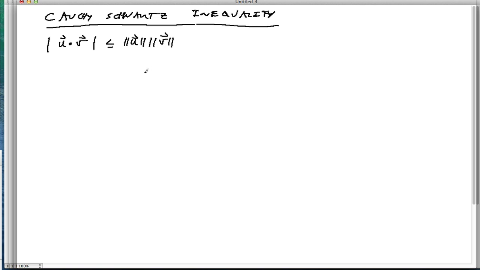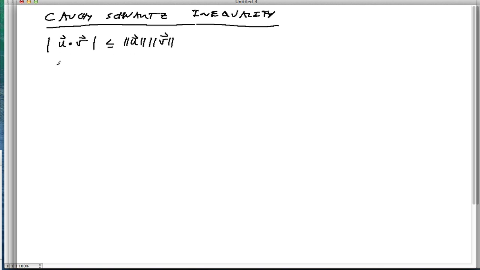You can look in the book for a proof of this. It's not too hard to prove, but let's explore some of the consequences of this relationship. It says that once we know the magnitudes of u and v, the dot product is always going to be bounded by that, up to whatever the sign is.